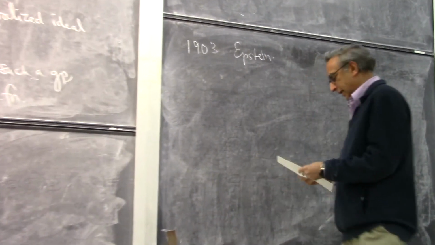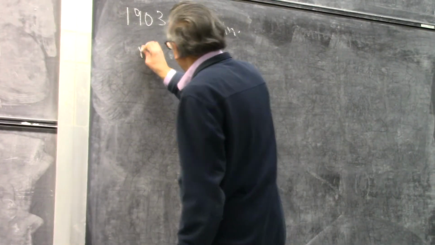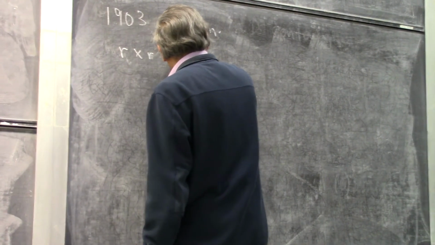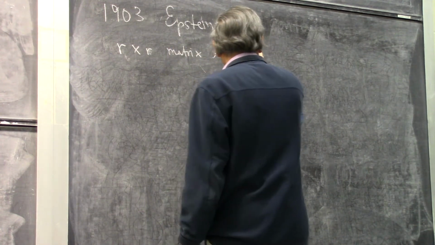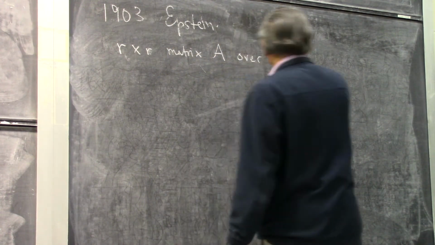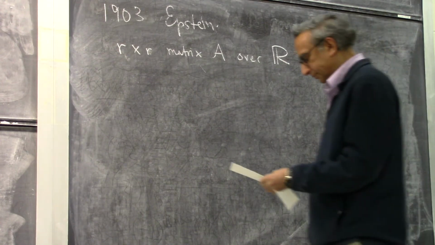So what he did was he took an r by r matrix A over the reals, which is positive definite.